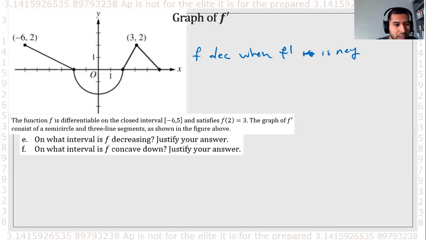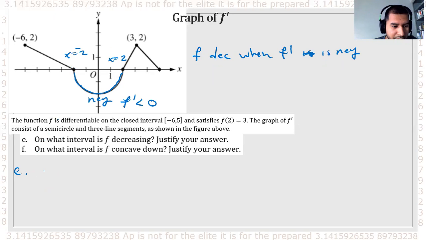So right here, it is all negative. f prime is less than 0. So that is from x equals negative 2 to x equals 2.